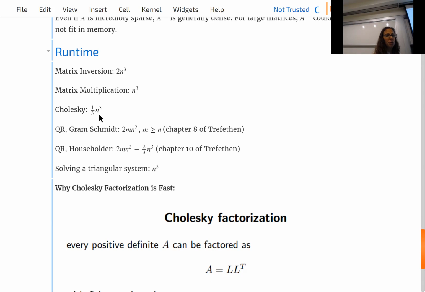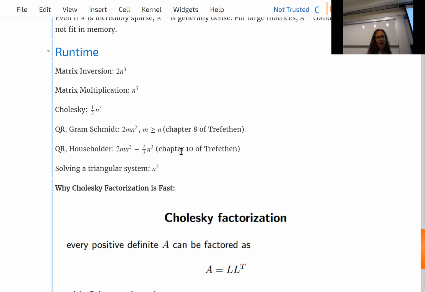Cholesky is 1/3 n cubed, and that's a reason that it's faster than these others. QR is a formula involving powers of third order terms.